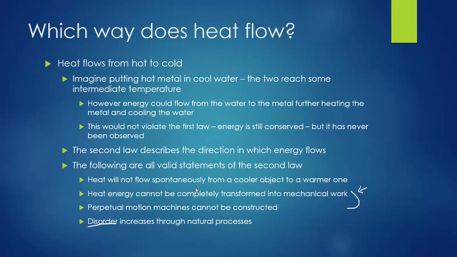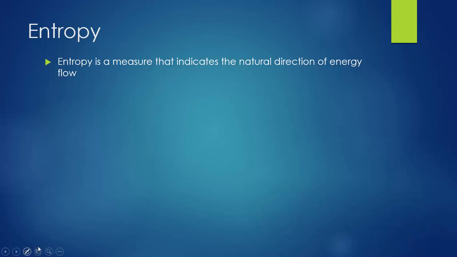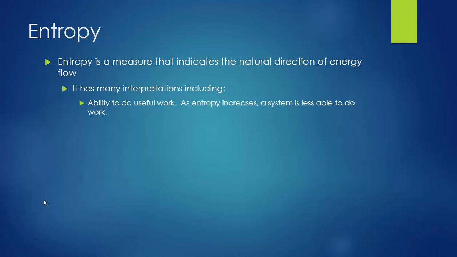And so what we do is we try to measure how much the order changed, and we do that with entropy. So entropy is a measure that indicates the natural direction of energy flow, and essentially it does that by figuring out disorder. There's several different ways to talk about entropy. We can say that entropy is related to the ability to do useful work.